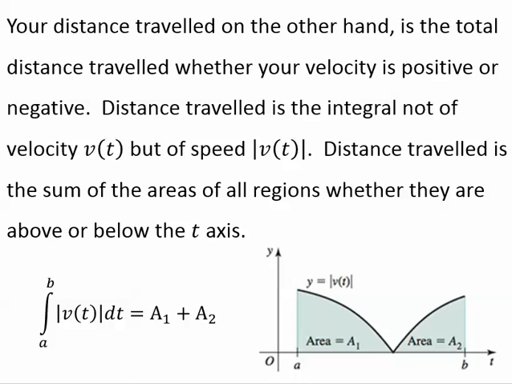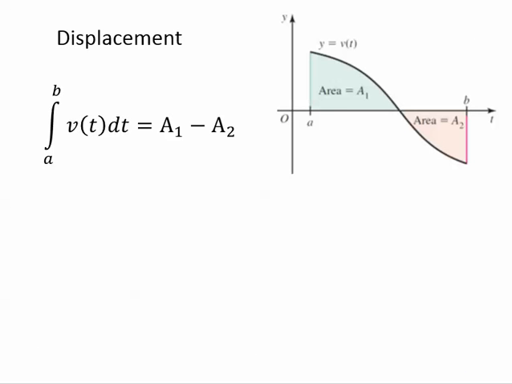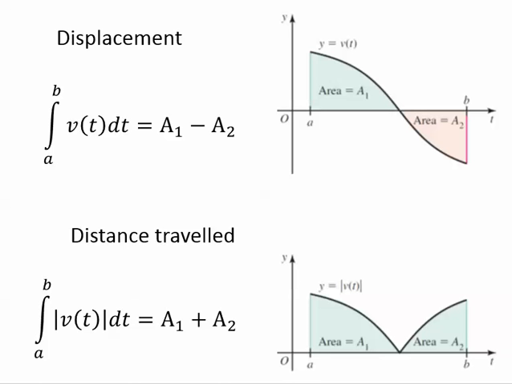So now distance traveled is the sum of the areas of all regions, whether they are above or below the t-axis. So displacement is region above minus region below. Distance traveled is region above plus region below.